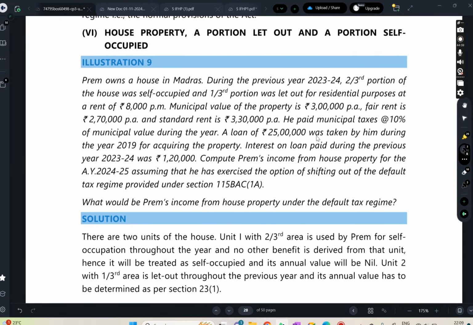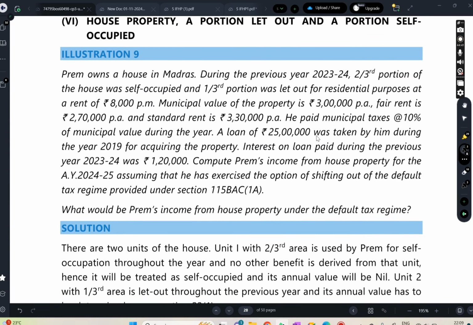Portion of the house is self-occupied, portion of the house is let out. What do we do in that scenario? If a portion of the house is self-occupied and the remaining portion is let out property, what do we do? Treat them separately. That's it. Treat them as separate units.